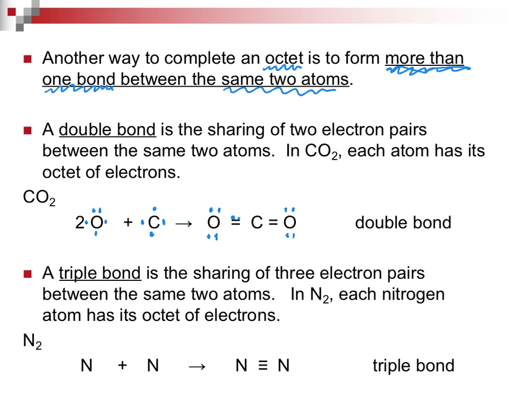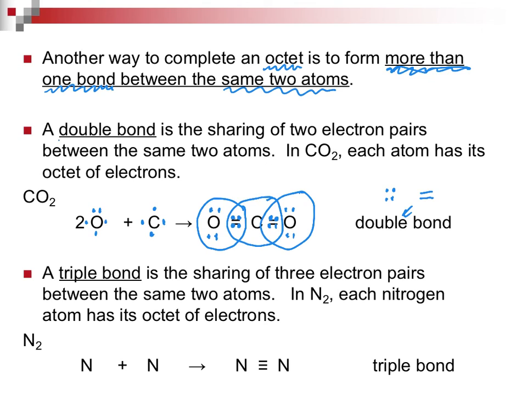This double bond indicates we have 2 shared pairs of electrons. Take a look. What we have are 8 around an oxygen. We have 8 around a carbon. We have 8 more around an oxygen. When we are sharing 2 pairs of electrons, we write it with 2 lines. That is called a double bond, okay?